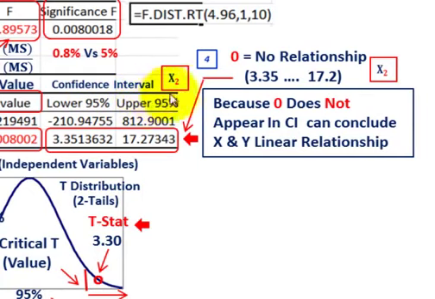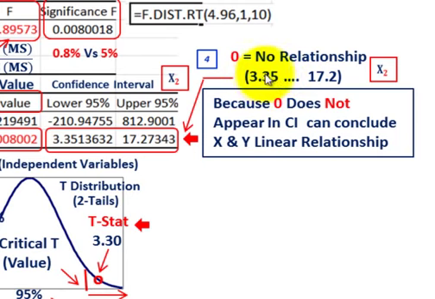And again, what you want to be looking for is to see if you got a 0 in that range. So if we would have come up with, say, a minus 3.35, and then there was a 0 in that range up to 17, then we would have failed the test. If you got a 0 value in that range, that is, your lower bound is less than 0 and of course your upper bound would be greater than 0, then you would have no relationship.